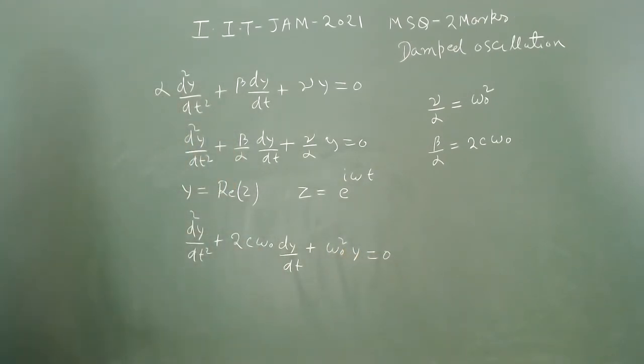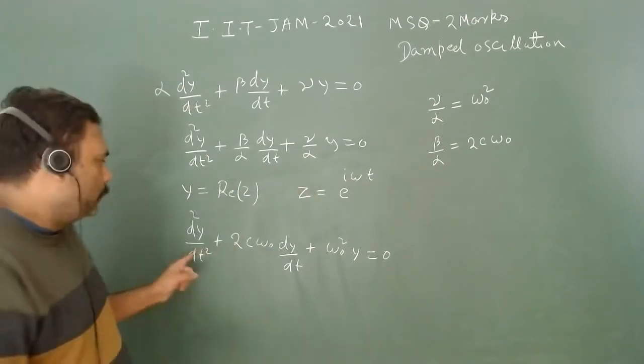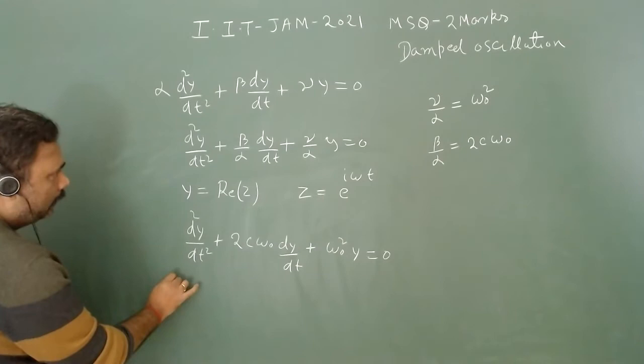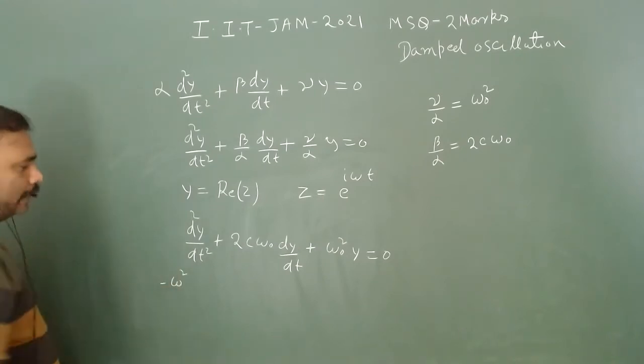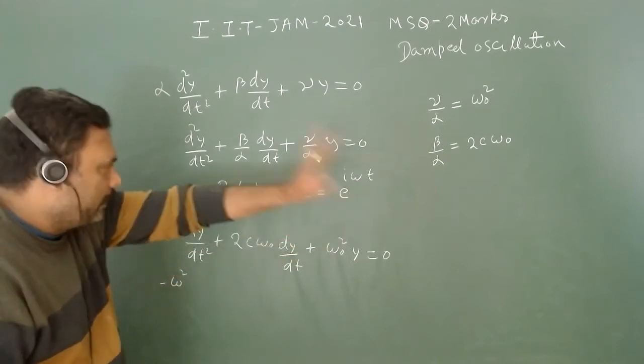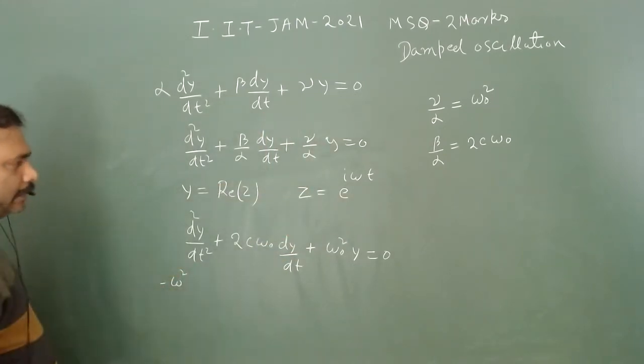And let us try to put this particular value. Then what will happen? This value is minus omega square, and e to the power i omega t will be common, so I am just writing directly.